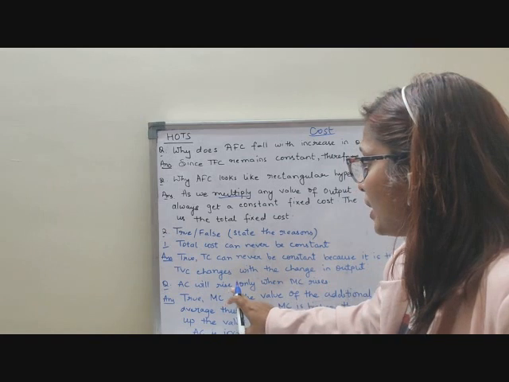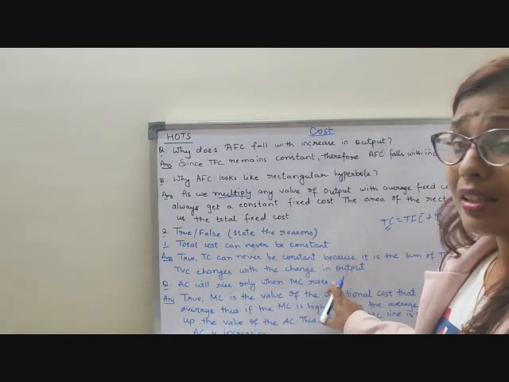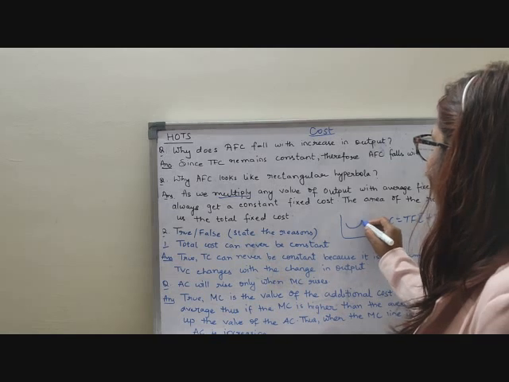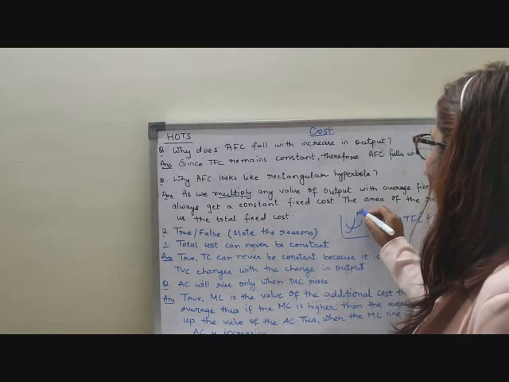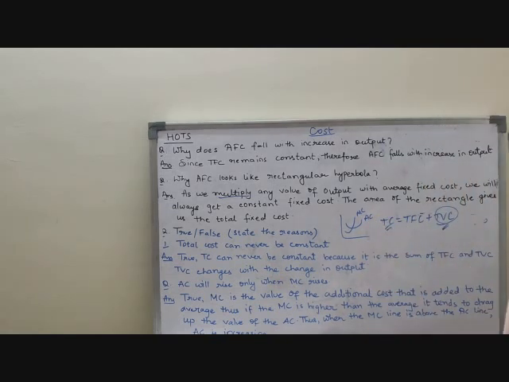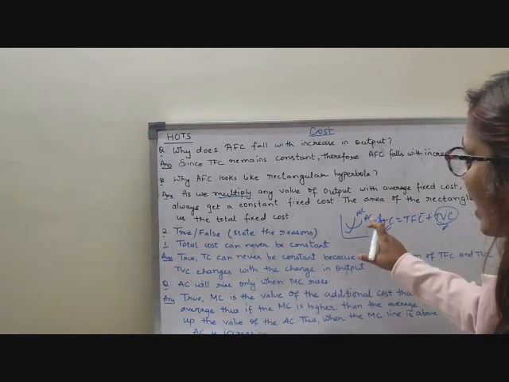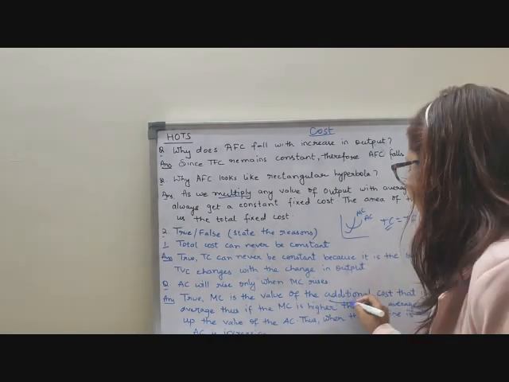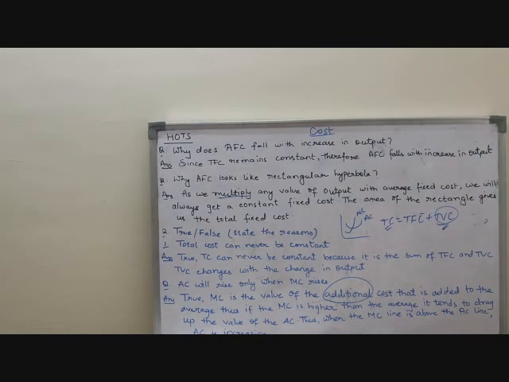Now second question. Average cost will rise only when marginal cost rises. You remember this one here? This is the marginal cost and this is the average cost you see in the diagram. So average cost will rise only when marginal cost rises. True. How? See, marginal cost is what? Marginal cost we all know is the value of the additional cost. It is the value of the additional cost that is added to the average.